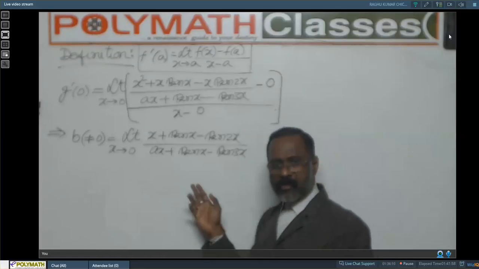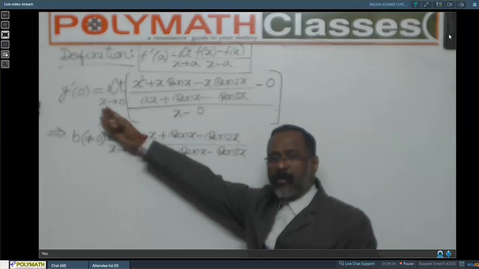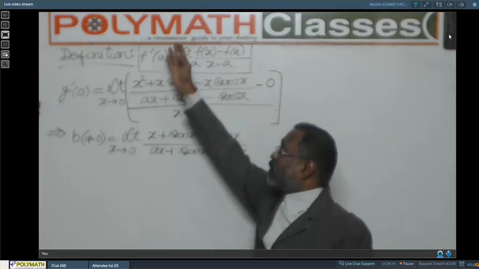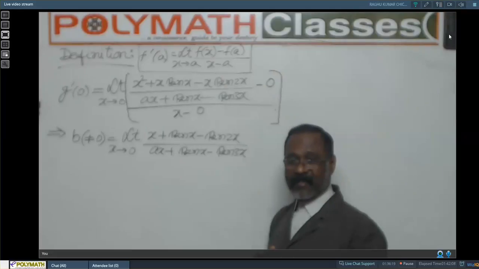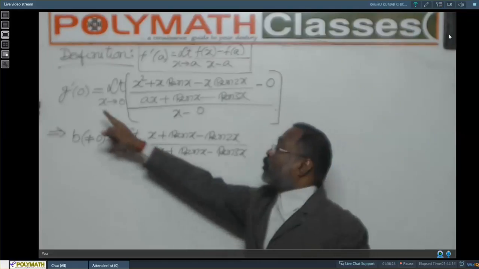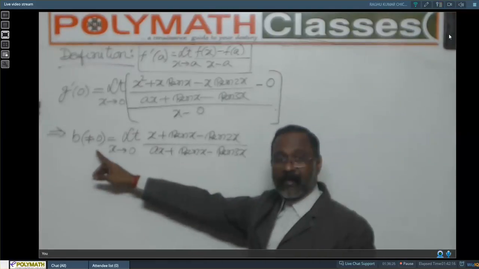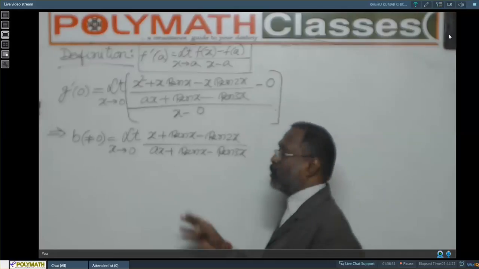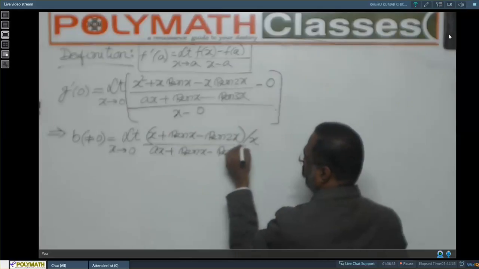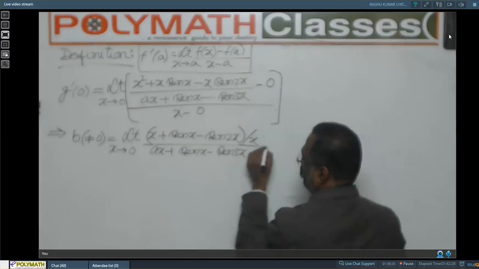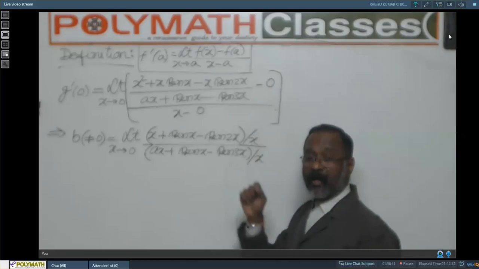Understand that the derivative is also the limit of a particular function, f of x minus f of a by x minus a. That limit must exist so that g dash 0 exists, and besides that it must be non-zero. So let us solve this limit now. Let us divide by x in the numerator and denominator, so that tan x by x, as you all know, is 1.